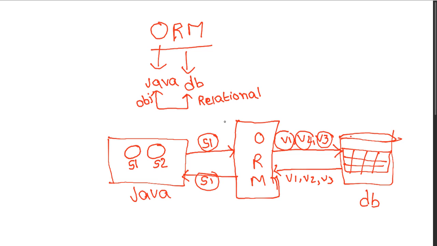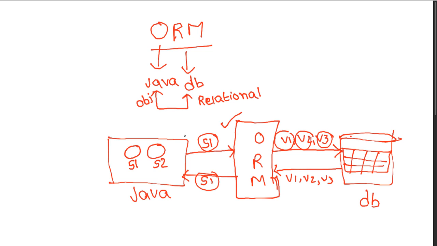So who is playing that important role in this case? ORM is playing. What is the role ORM is playing? Converting Java objects into database related data. Suppose student contains three details, name, ID, and marks. Name is a string in Java.